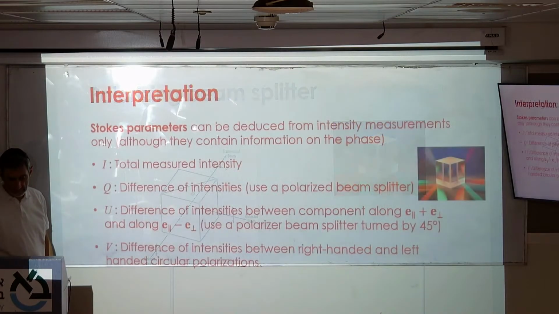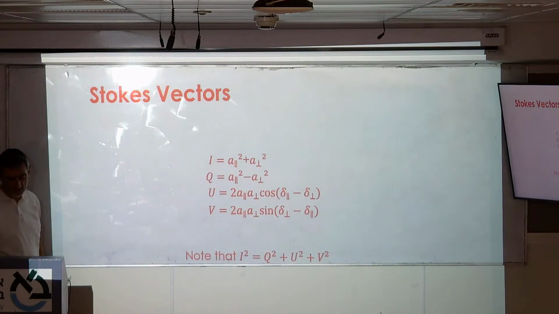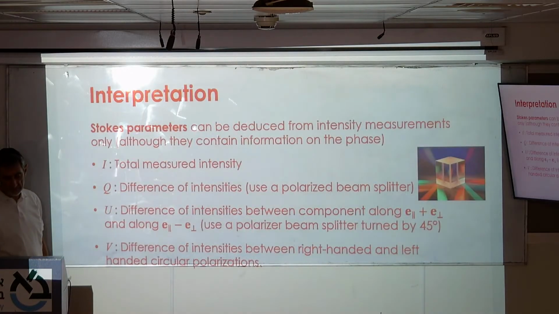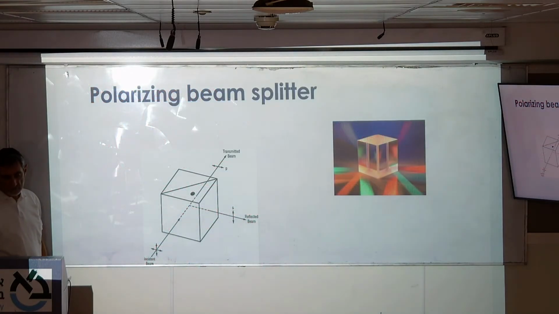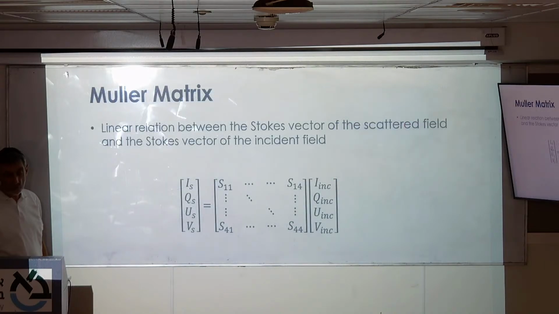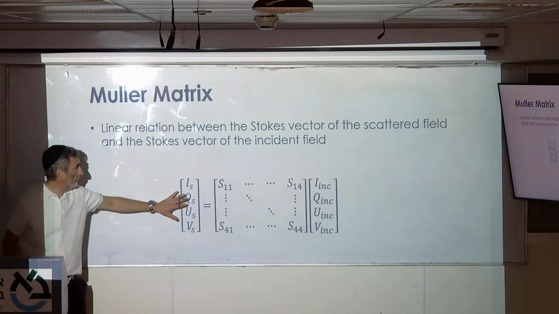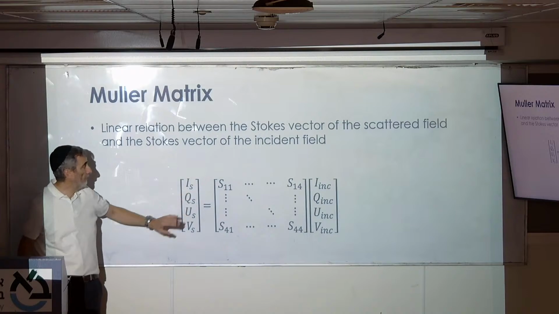So you can write the basis for your incident field, and you get the scattered field on this basis, on this I Q U V basis. That gives you a matrix that you can easily measure. The idea is really to be able to measure directly those parameters.